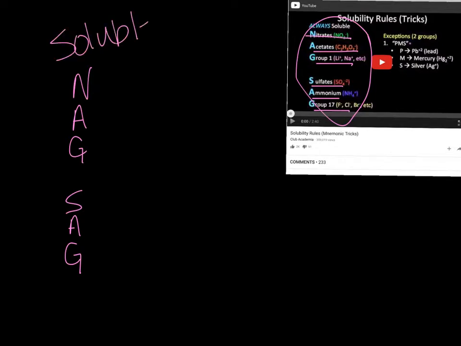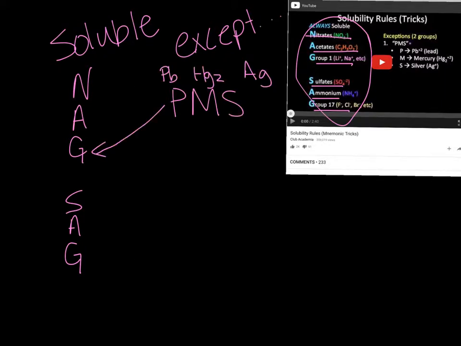There are 2 exceptions that I want you to know for NAG-SAG, so I'm just going to put NAG-SAG, with the key off to the side. These guys are always soluble, except, and you have these 2 rules. You have the PMS rule.